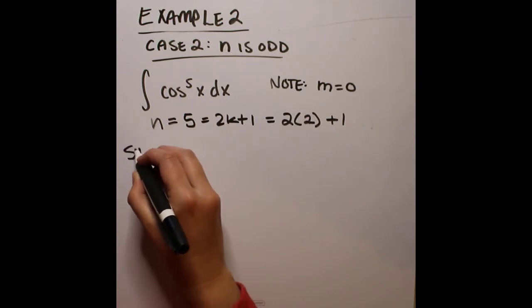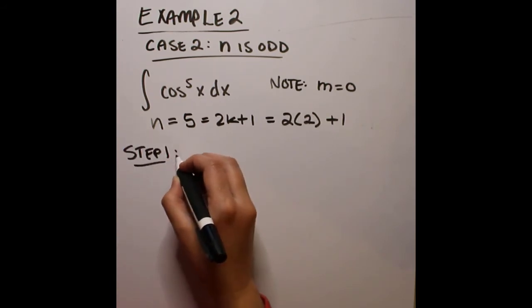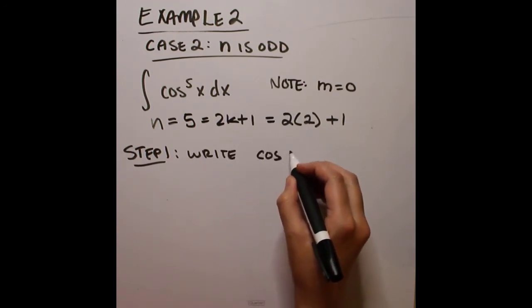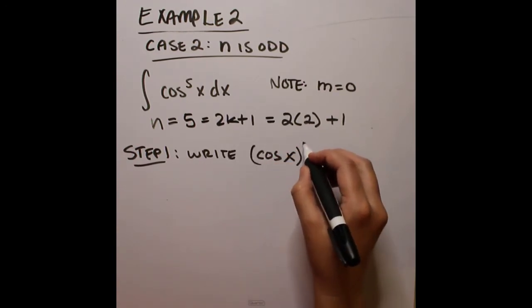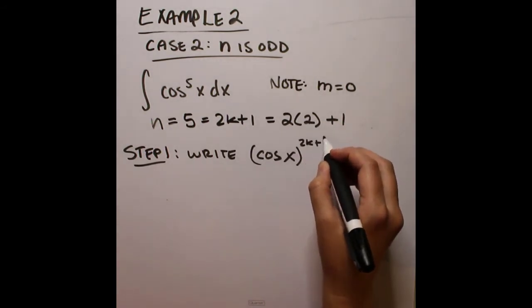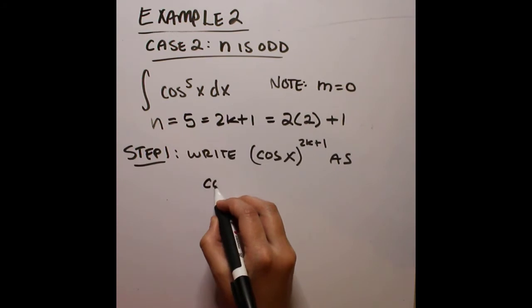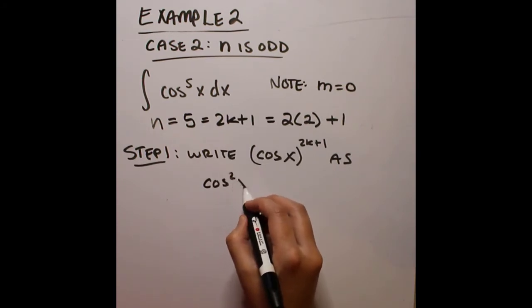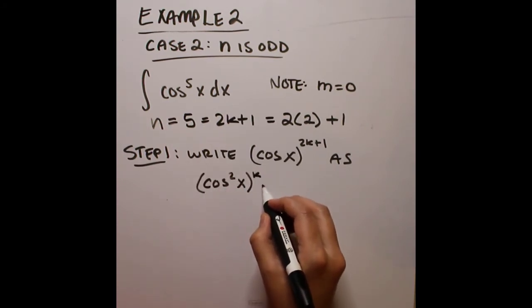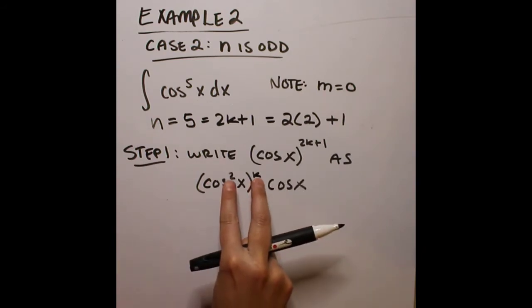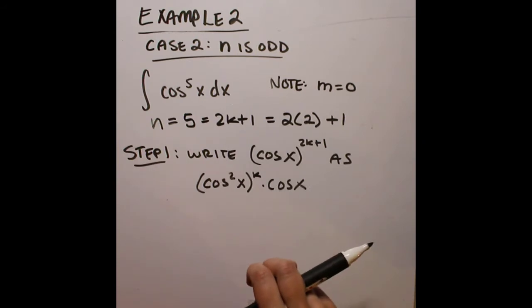And so very much like our last example, step 1 here is going to be to rewrite this. In our case, it's going to be rewrite cosine of x to the 2k plus 1 power as cosine squared of x to the kth power times cosine x, because 2 times k plus 1 for the exponent there.